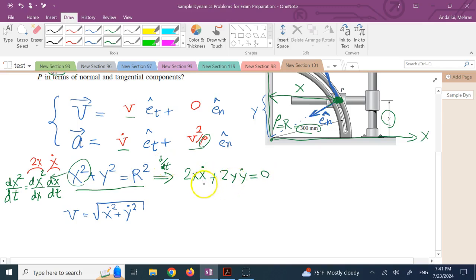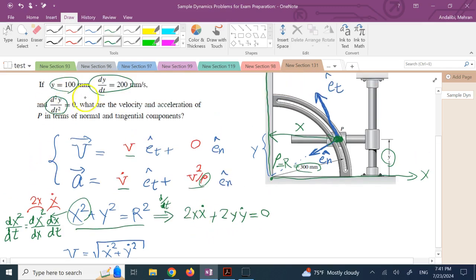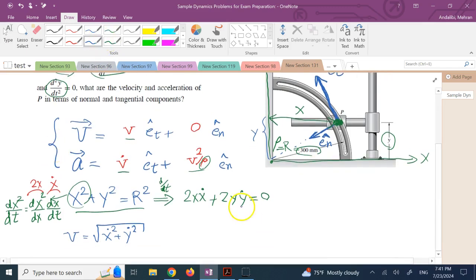And now you see that if I want to calculate x dot, given that I know y dot, remember that y dot is 200 mils per second, positive. And y itself is 100 mils. So I can plug it here, because y dot is given.